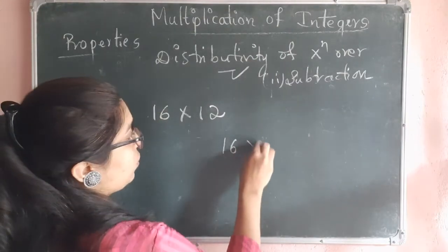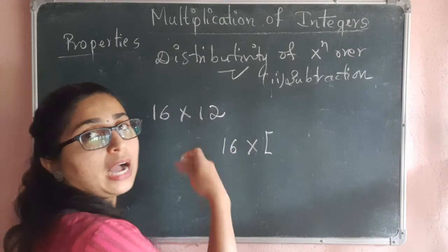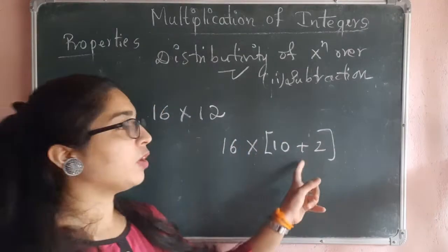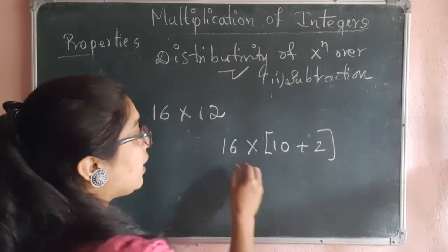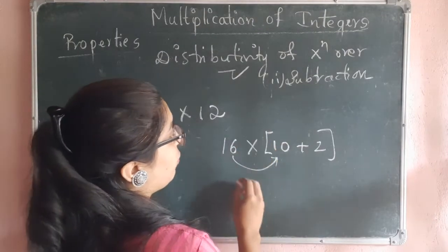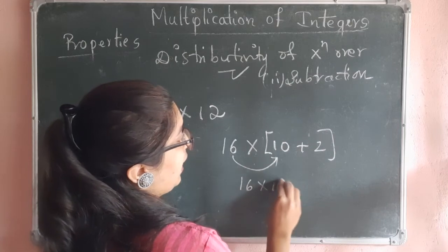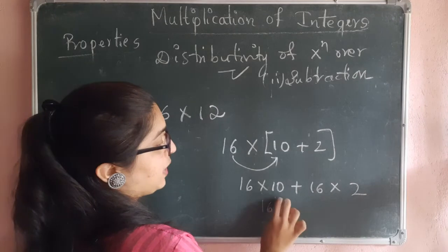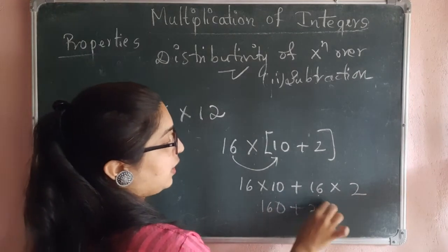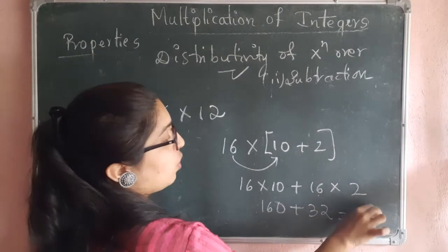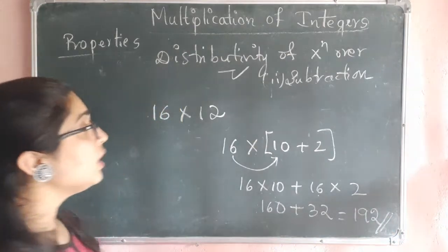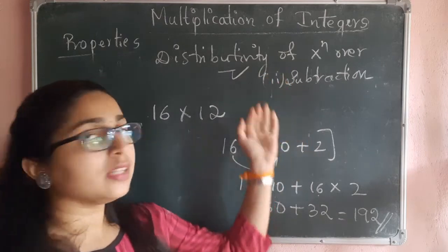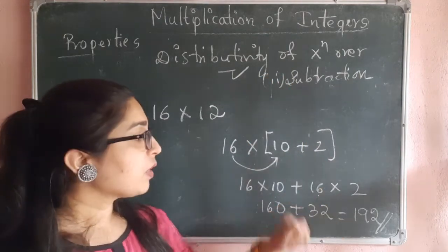I will break 12 as 10 plus 2, and apply the distributive property: 16 into 10 plus 16 into 2. 16 into 10 is 160, 16 2s are 32. So this gives you 192. Instead of multiplying and taking the carry, using the distributive property is helpful.